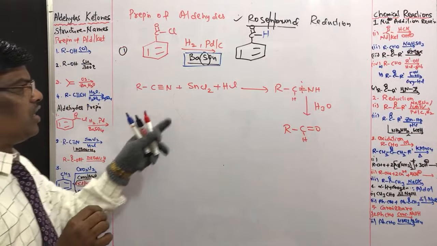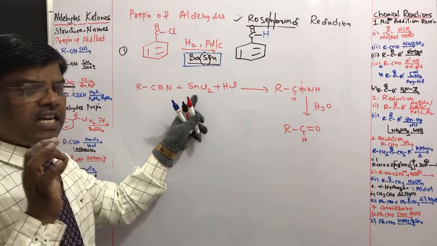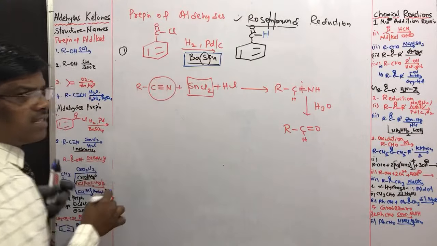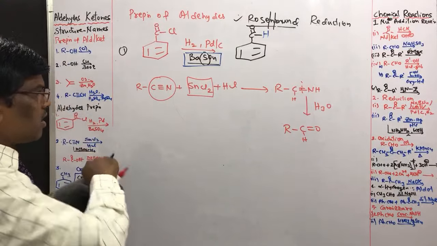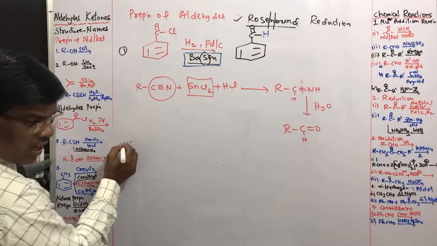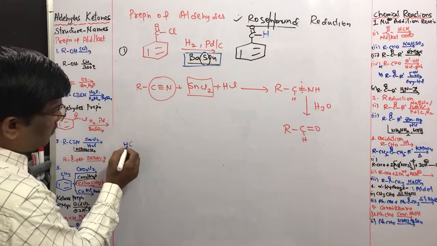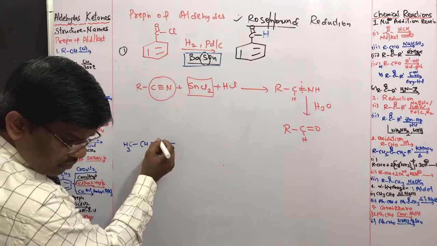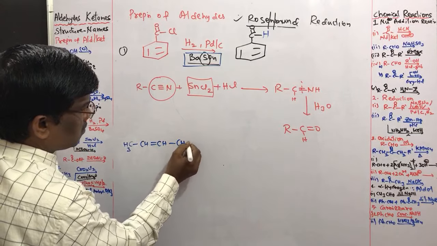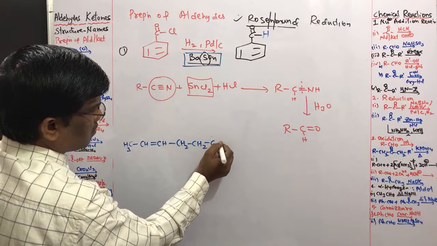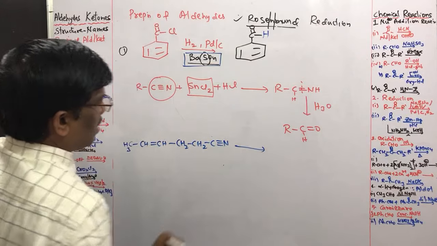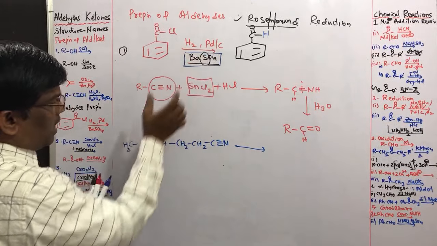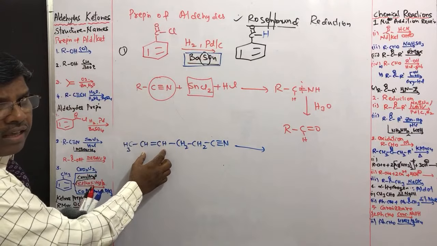Yes, so it is a very specific reagent where stannous chloride is going to reduce only nitriles. In this case, double bonds are intact. Let us take a double bond containing compound. This double bond, if I do using hydrogen palladium, is going to be reduced to alkane.